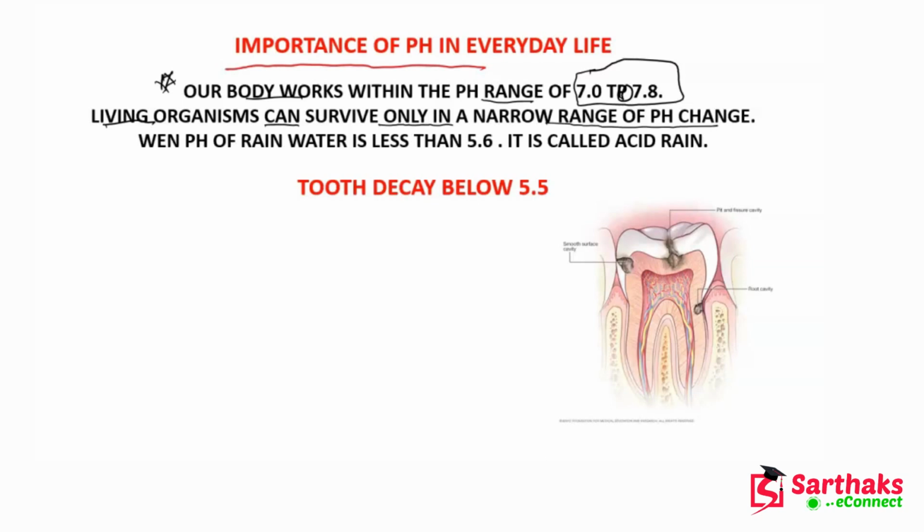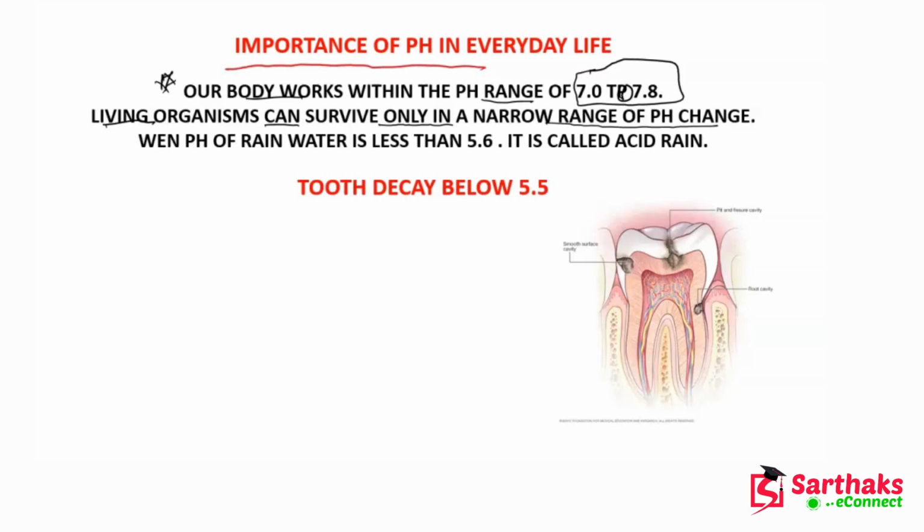And it is not only for humans, it is for all living organisms. If I'm talking about plants, then the pH of soil should not be very acidic and also not very basic. It should be moderate so that a plant can survive.